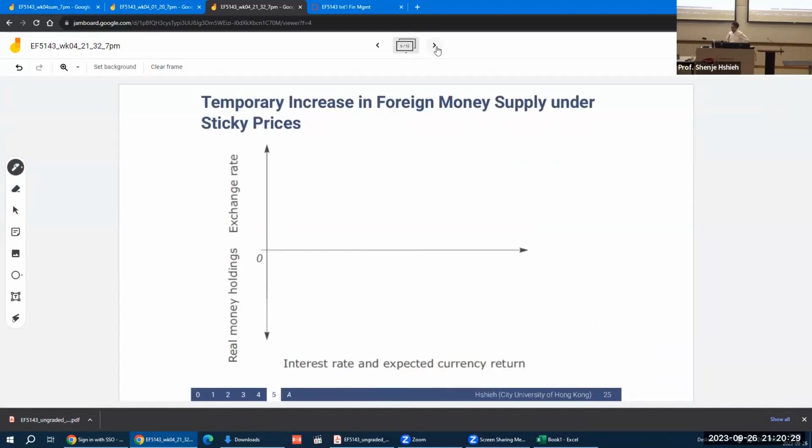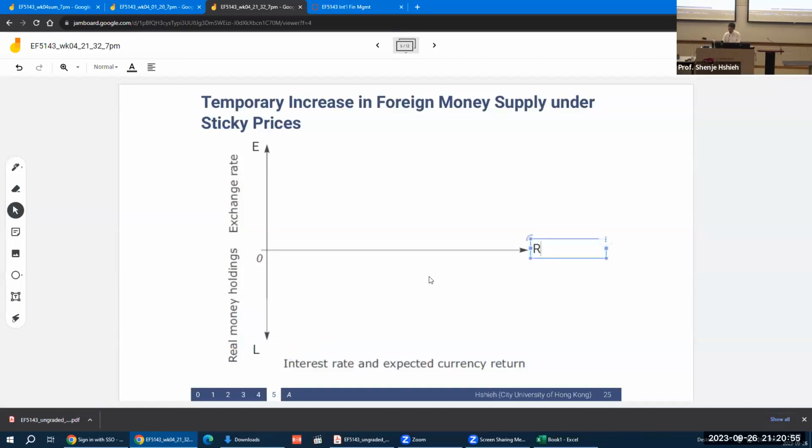Now, let's try analyzing this with foreign money supply under sticky prices. So let me describe the setup and then I'll ask you guys to tell me what's going to happen graphically. So let's do E here. Let me label everything first. Real money holdings, let's write L here.